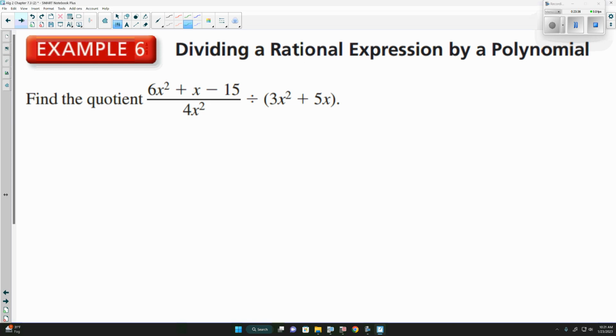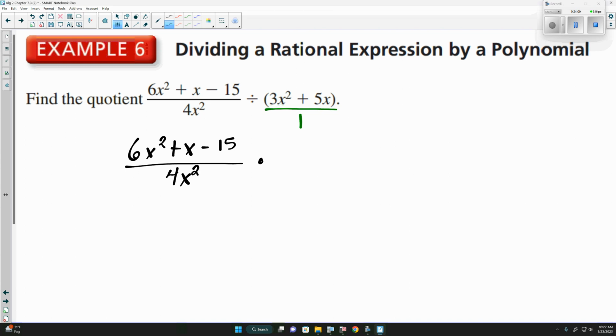Because we looked at one of these on Friday, dealing with multiplication. The 3x squared plus 5x has a denominator of what? 1. It's not written, but it's understood that it's going to have 1 as a denominator. And that comes into play with division, because if we're going to find the quotient, we keep the first expression the same.